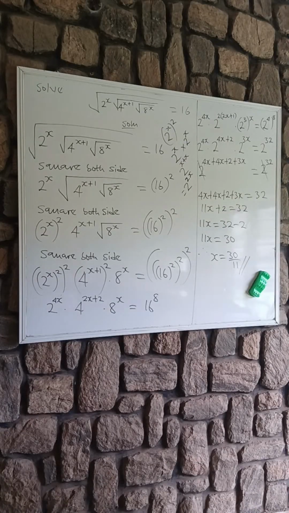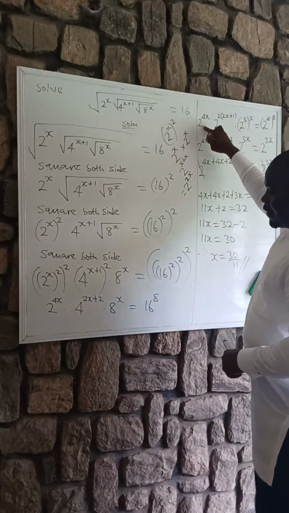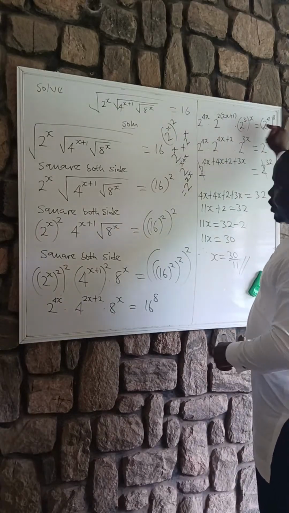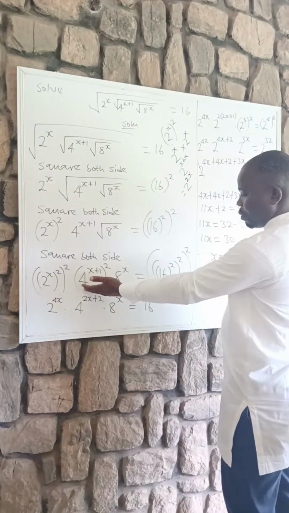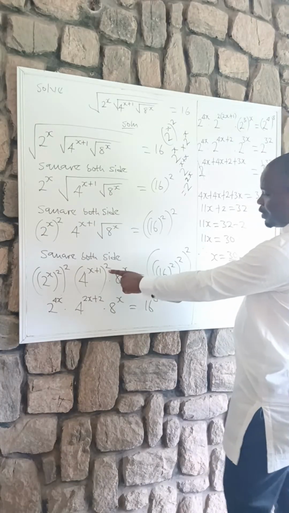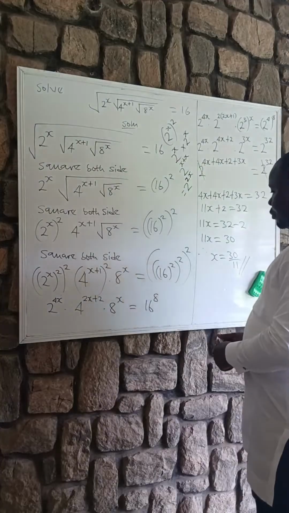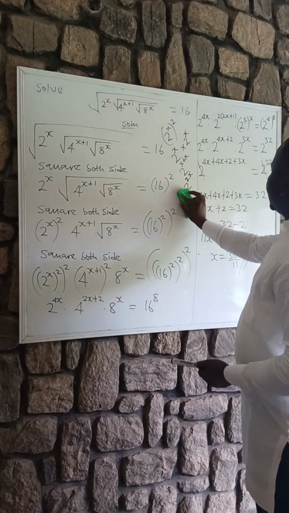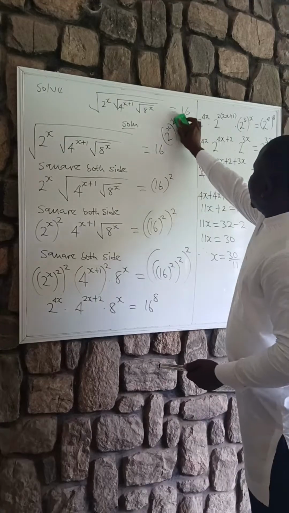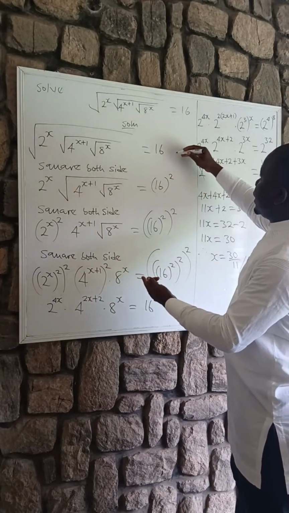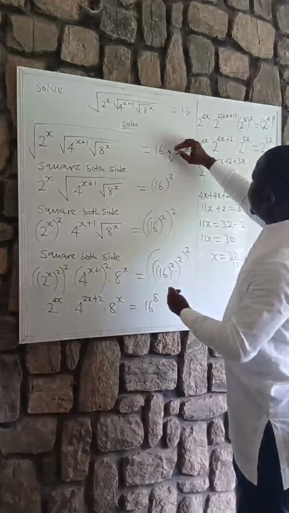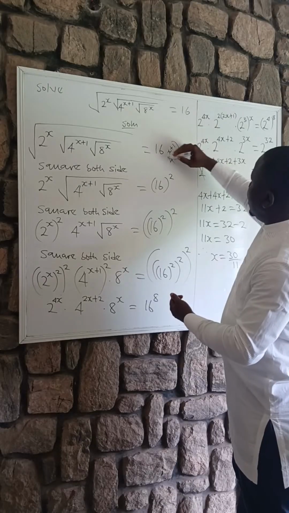Okay, after that, you said after that, is it here? Is it this line? After that, this line? Or here? Because here too is the same approach you will use, since it is 4 raised to the power of x plus 1, all in bracket raised to power 2.